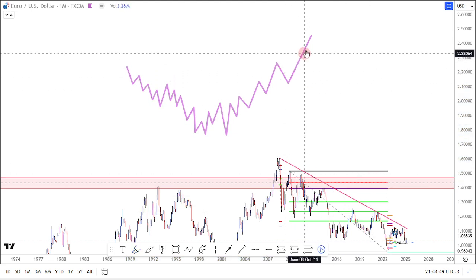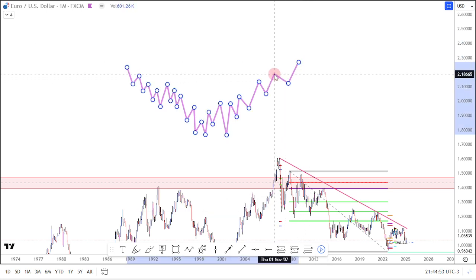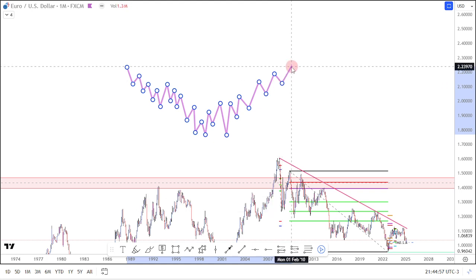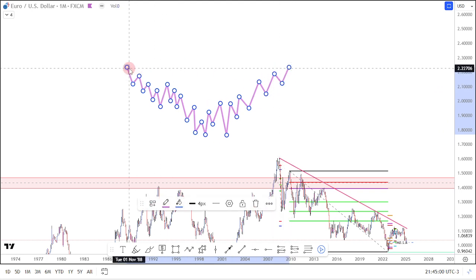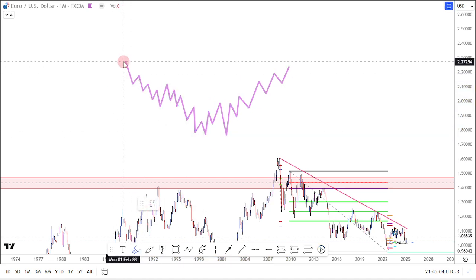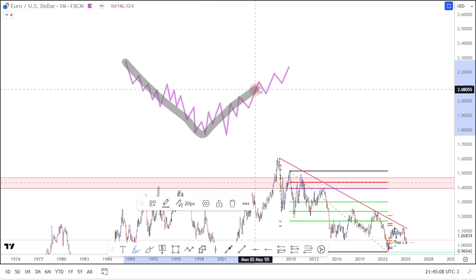So this is not supposed to go up. If the market structure is to the downside, it's not going to break the high. Let me make it clear for you guys so you can understand. This is going to serve as an extension, and this is going to be a retracement.